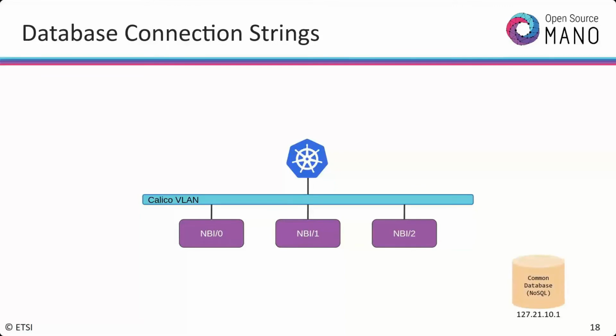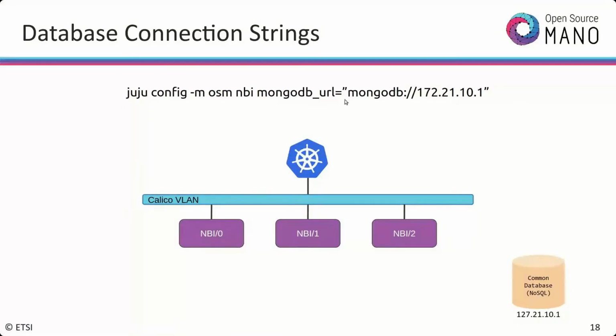Well, that is also a simple Juju config string, where you can just say, hey, your MongoDB URL is, and give it the information. There is configuration for the credentials as well that you can put in there so that you can authenticate with the Mongo database. It is as simple as that. The charms for the NBI and RO and all of the other services can be told where to find their database if it's external.